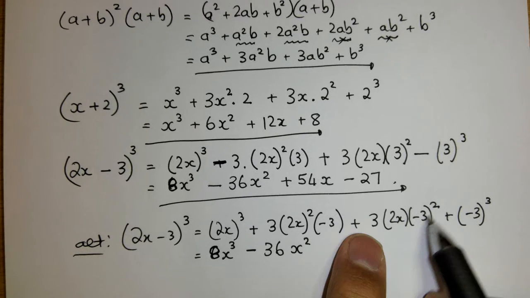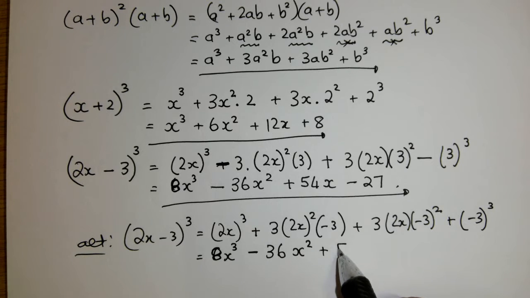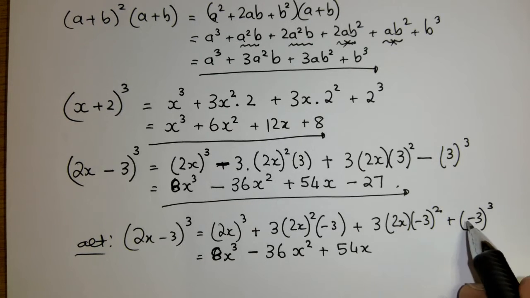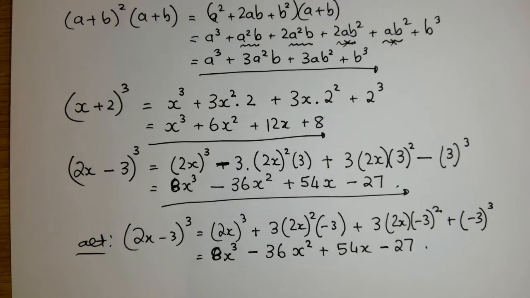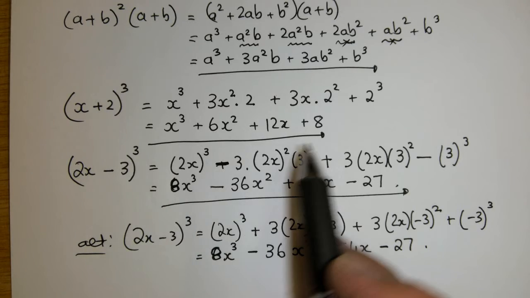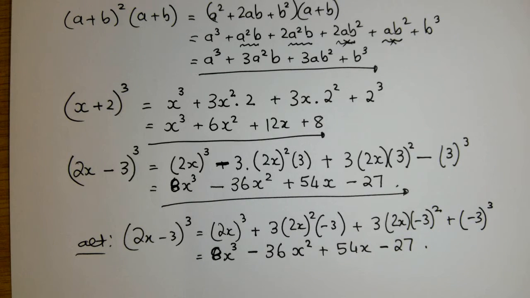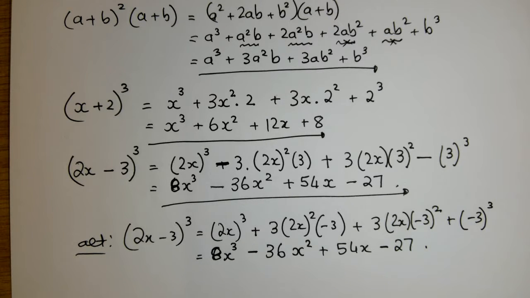Here I've got 9 times 3 is 27, times 2 is still 54x, and minus 3 cubed is minus 27. Please don't fall into traps like this, 2 to the 3 being 6, or 3 to the 2 being 6. Okay, 2 to the 3 is 2 times 2 times 2, which is 8.